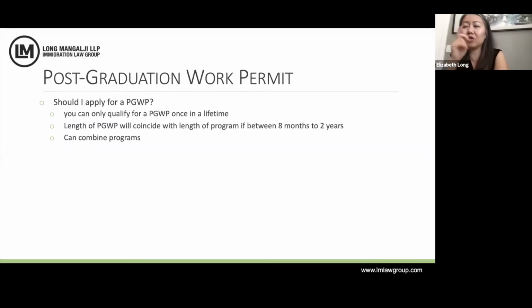But if you complete a program of 2 years or more, then you can get it for 3 years. So, oftentimes people will complete a 1-year program and you're really tired of studying. You've studied a lot, right? You don't want to study anymore. So you will say, okay, I'm just going to go and get a 1-year post-grad work permit afterwards.